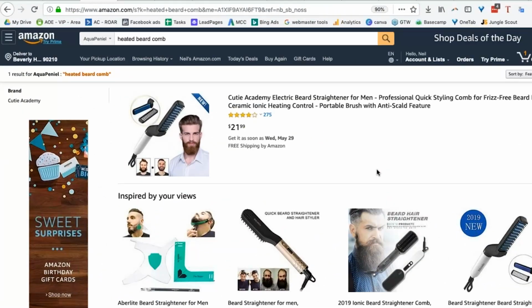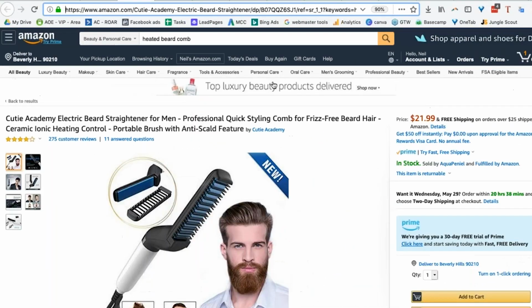Now, the reason that we use a two-step URL is because Amazon tracks something called on-page conversions, which they call unit session percentage rates. And what that means is, for every 100 people that look at your page, how many of them actually go ahead and buy?